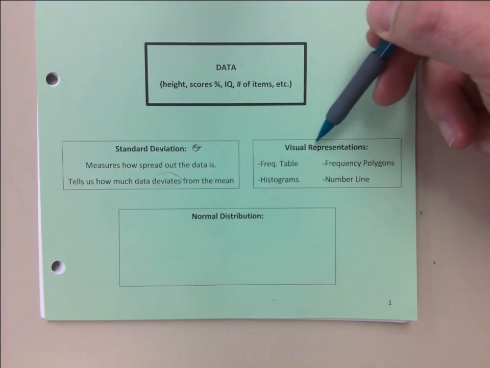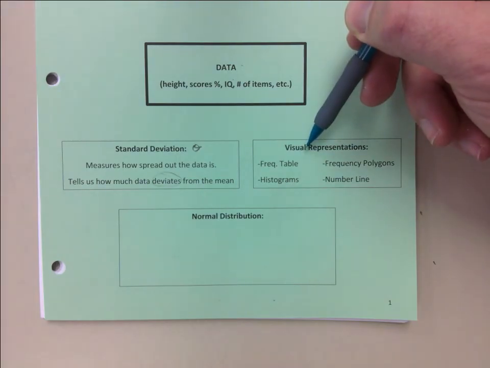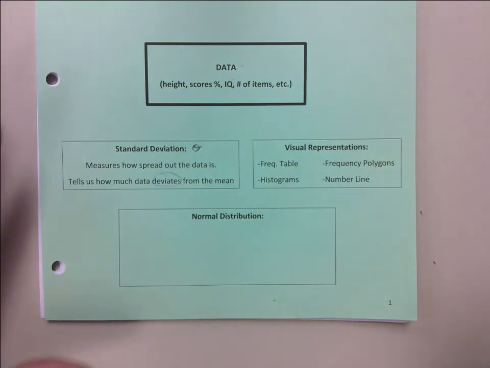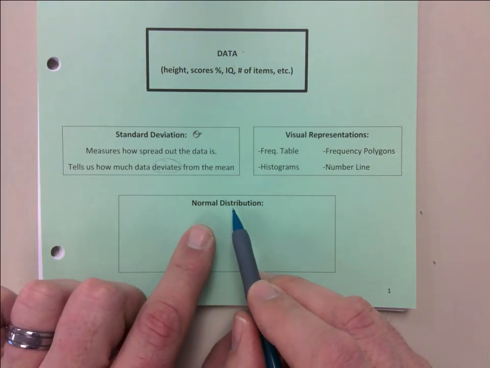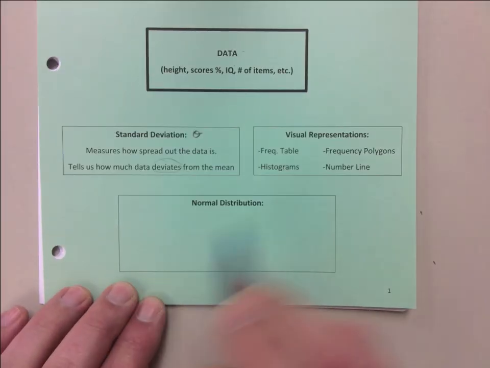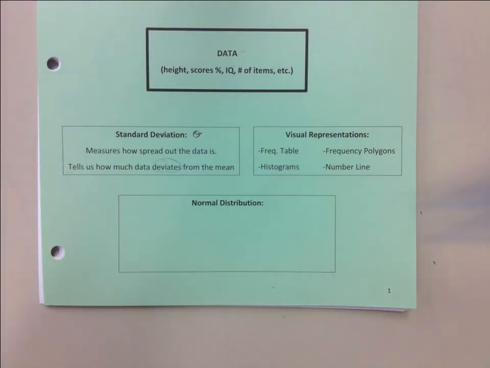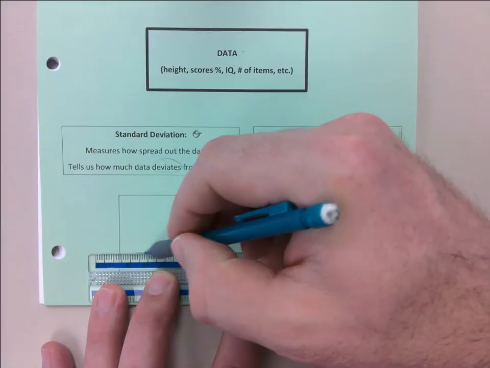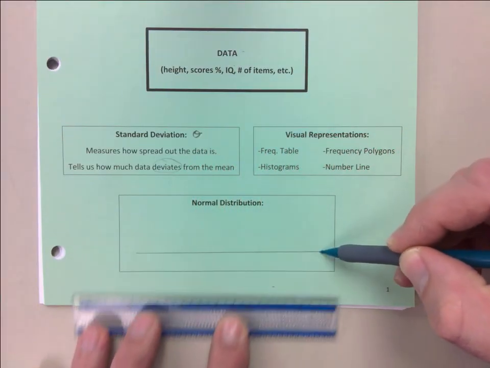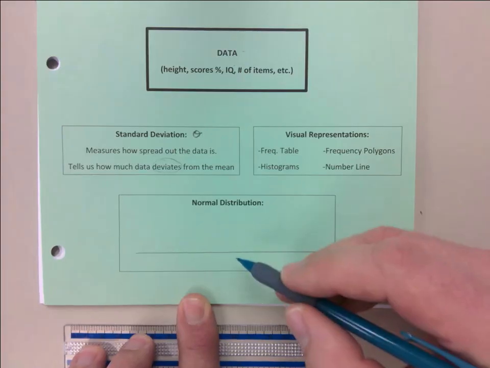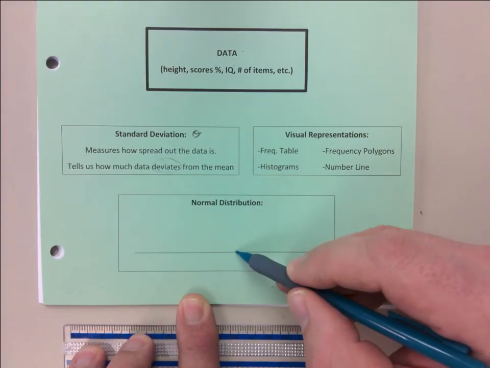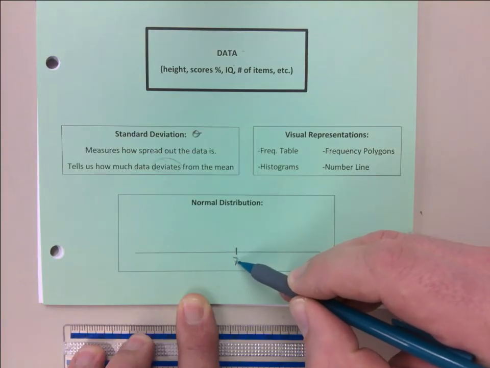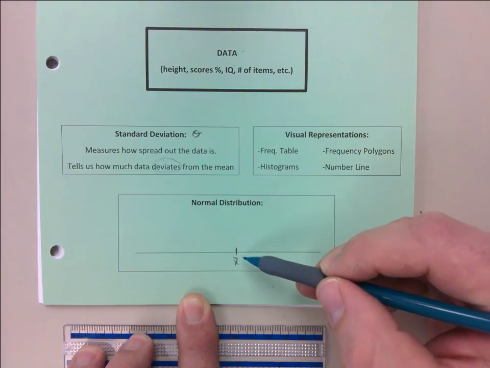Then we're also going to talk about visually representing our data using one of these. I'll tell you more about that later. But normal distribution right here, just a review for you. I'm going to use a ruler for this. So we usually have our x-axis, and if data is normally distributed, the mean, the average, is at the center.